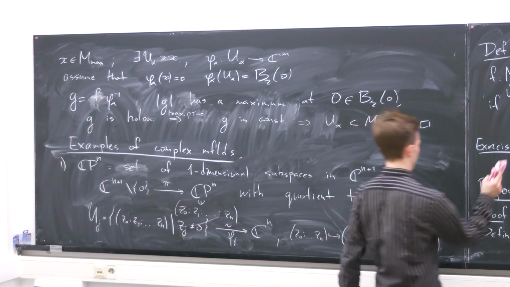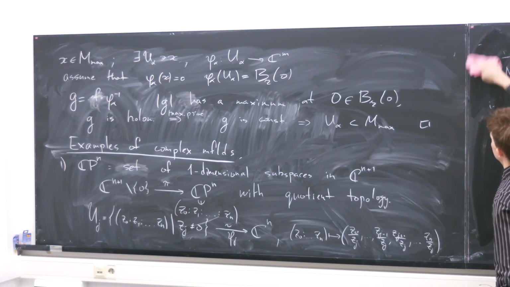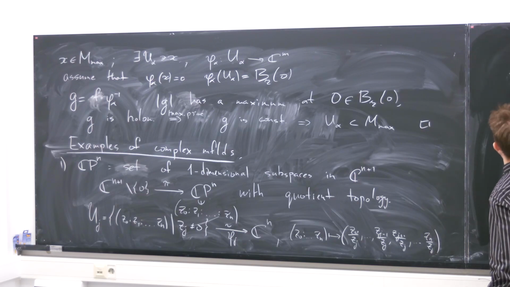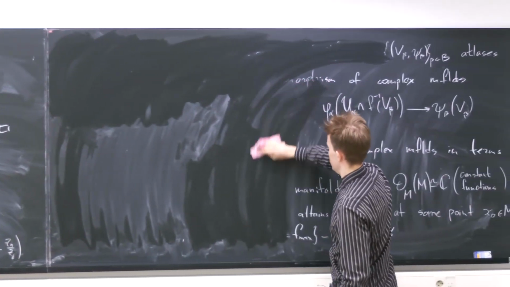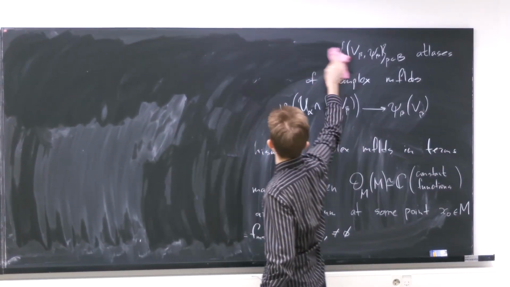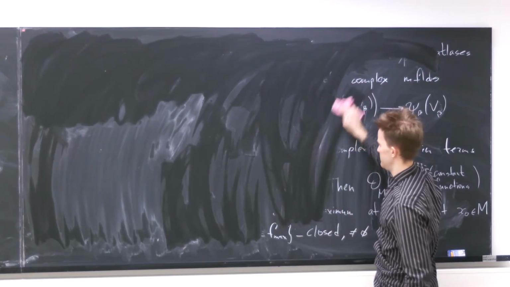So then I will not do the computation, but if you have not seen it, you can do the exercise and check that these phi j's really define the structure of a complex manifold on this topological space CPn.